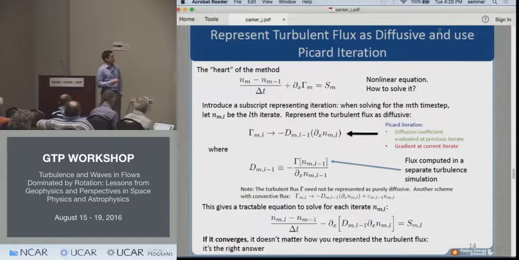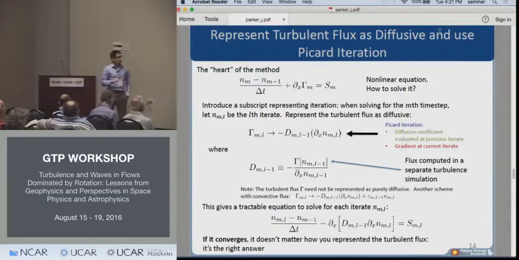This is a form of Picard iteration. The way you get this diffusion coefficient is you evaluate the turbulent flux using the profile of the previous iterate, and then you divide by the gradient of the previous iterate.